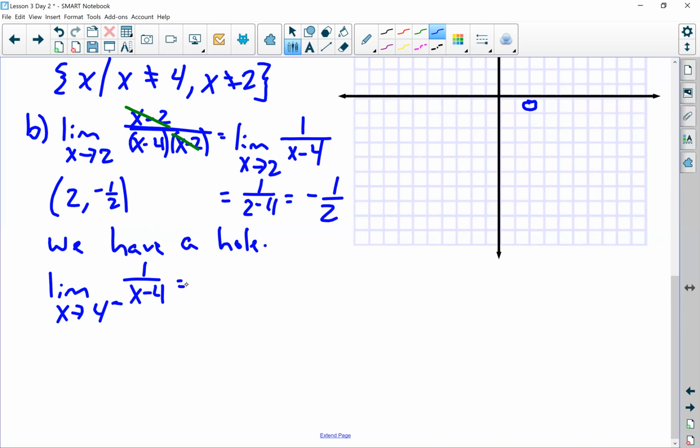If you have a number over 0, that means it's going to approach either positive infinity, it's going to go off forever positive, or it's going to go to negative infinity. And the way you can tell which it is, look at here, if we approach from the left, from values less than 4. If I take a number less than 4 and subtract 4, what kind of a value am I going to get? Negative. So this approaches negative infinity.